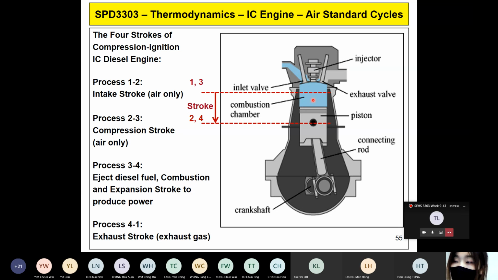So in the intake stroke, we only join air into the cylinder. The piston now moves all the way to the bottom dead center, the lowest position inside the cylinder. It cannot go further. That is the dead end. Now your cylinder is full of air.